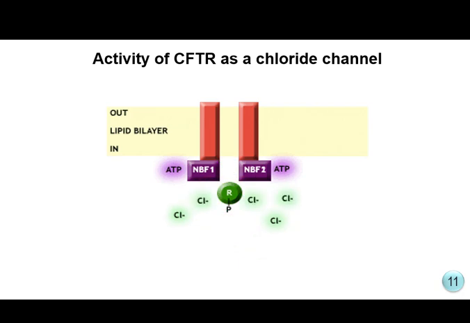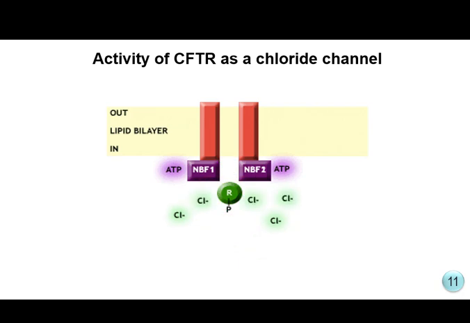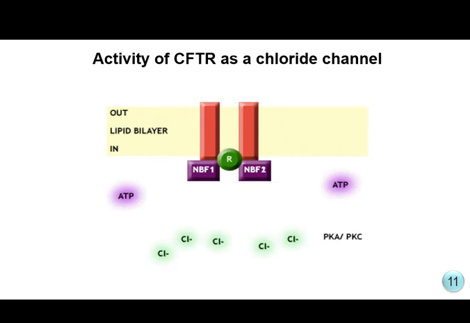So what is the most common defect on this protein? Take a guess. Well, PKC is important, right? The regulatory domain is important, right? And these two are also very important. The transmembrane domains are not as important because they are integral, the transmembrane region inside the phospholipid bilayer.